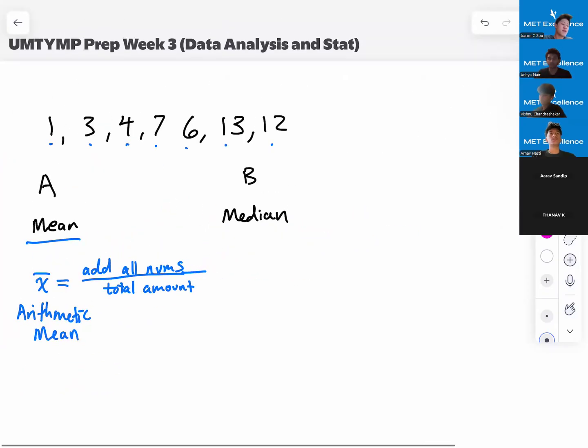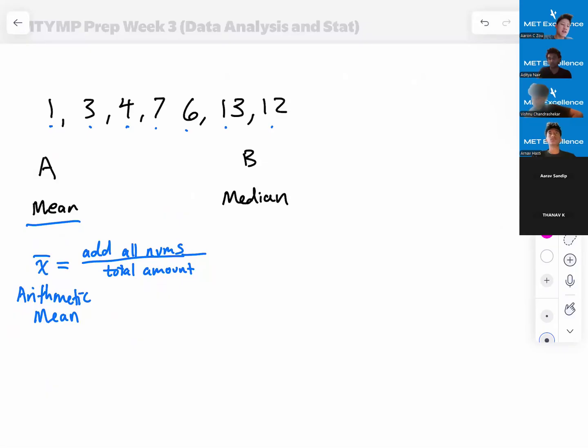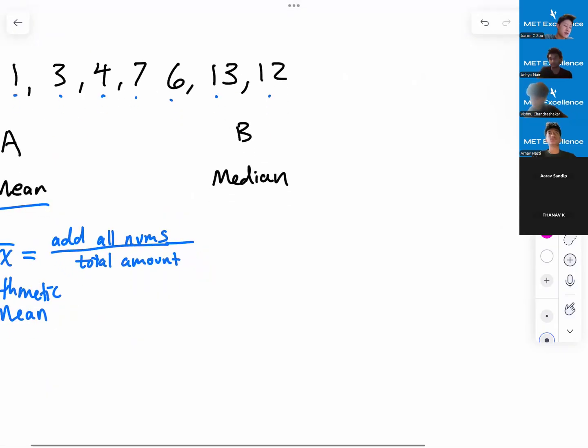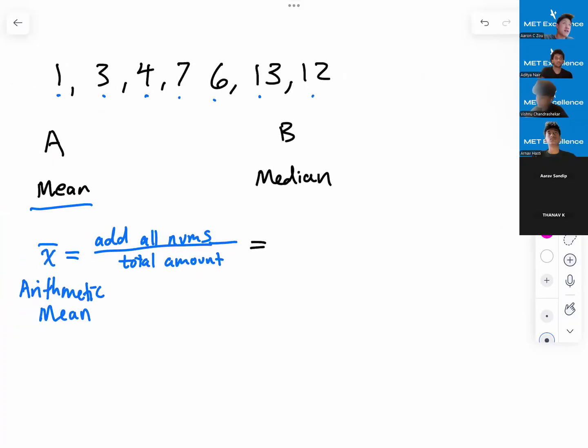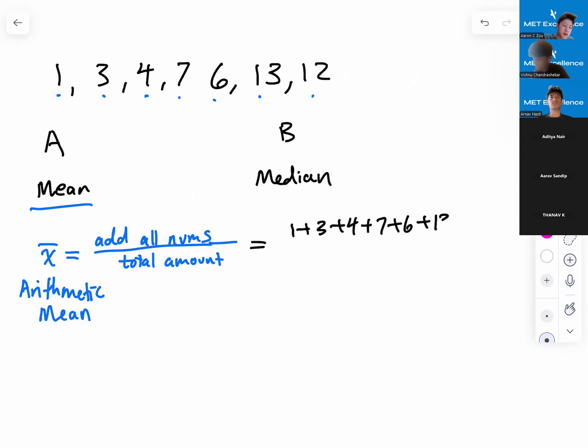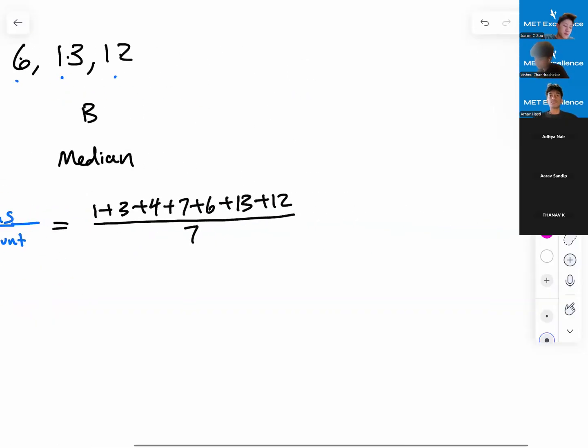To do the example calculation, the arithmetic mean of this list up here is 1 plus 3 plus 4 plus 7 plus 6 plus 13 plus 12, divided by 1, 2, 3, 4, 5, 6, 7 numbers.